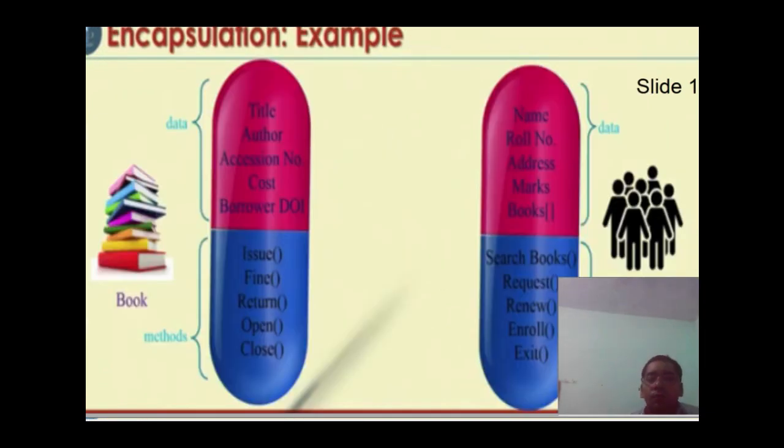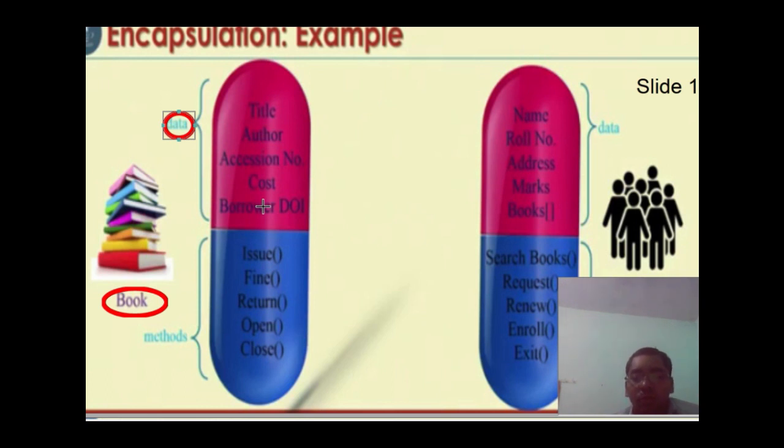Now I can give you an example so that you can understand encapsulation. Say book is basically a set of objects. That means all books belong to a particular class, and the books have different data to define them. This is the data for a book, such as title, author of the book, accession number, cost, borrower, date of issue, like this.